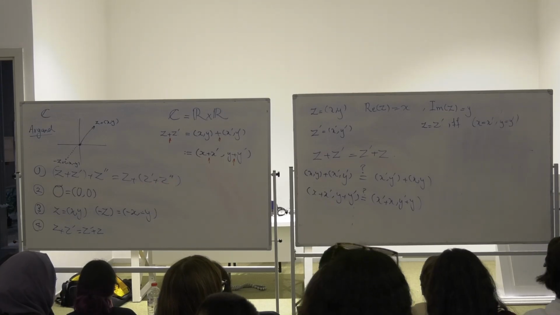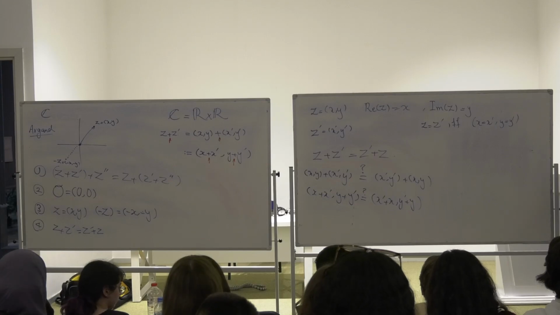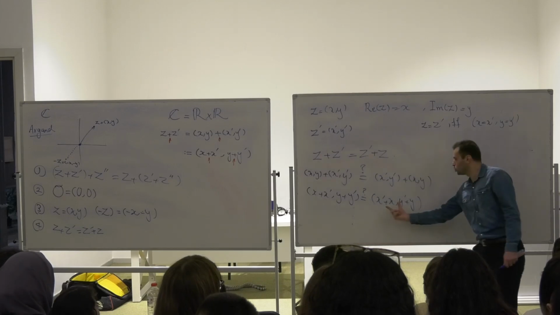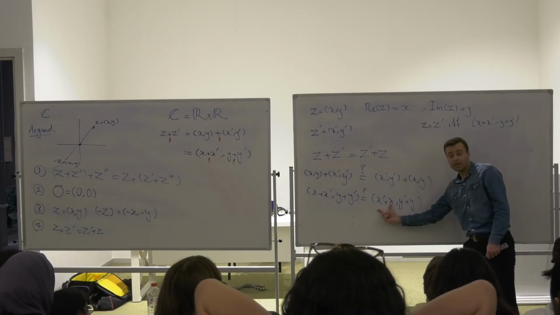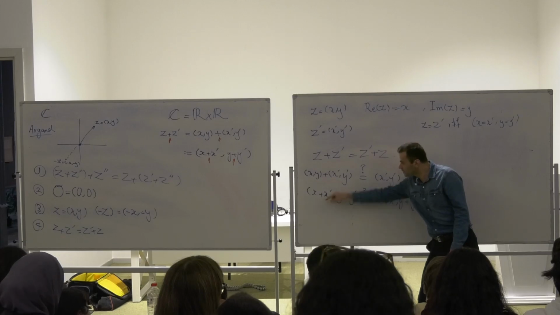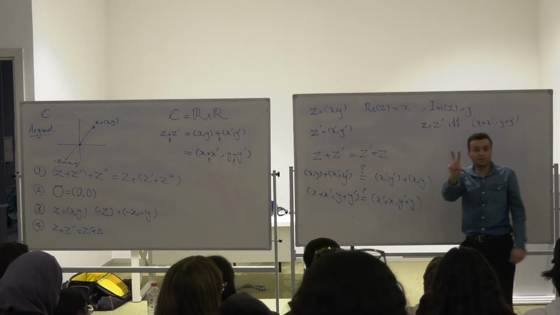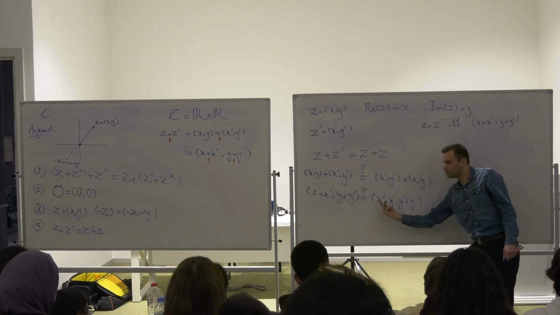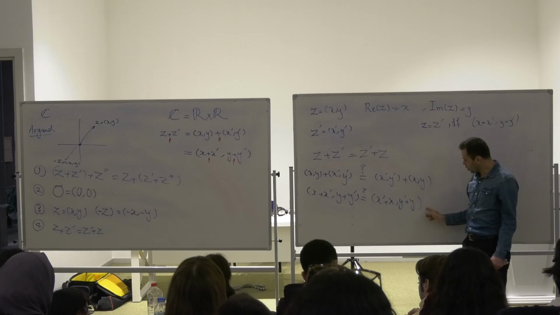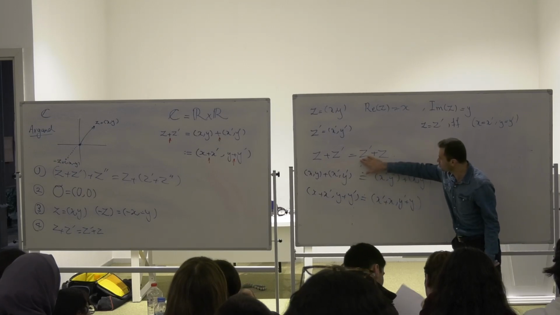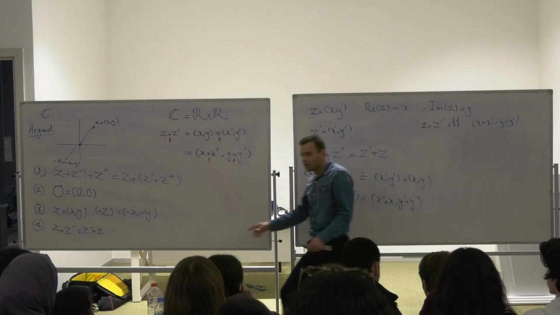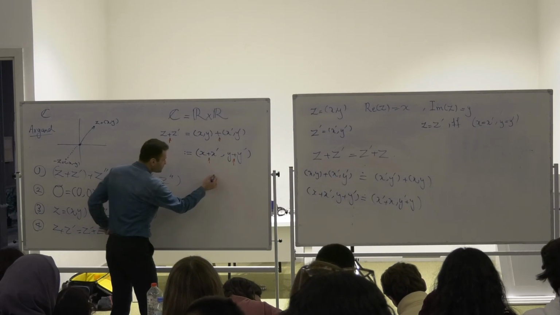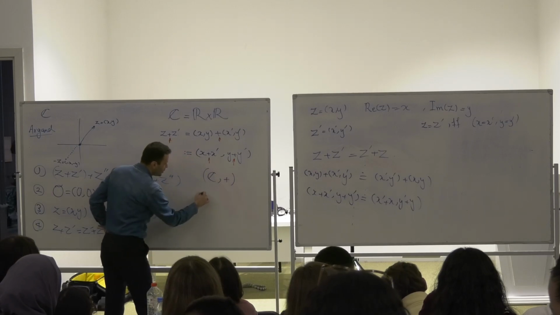Which means that for two complex numbers to be the same, they must have the same components, right? Now look at this. Is this first component equal to this? Yes. Why? Because this is a real number, this is a real number, and this is the addition of real numbers. And we know that addition of real numbers is commutative, so we can flip them. What about this one? Exactly the same argument. So we know that this is true. Since this is true, this is also true. Which means that addition of complex numbers is commutative. Which means that C with addition is an abelian group.